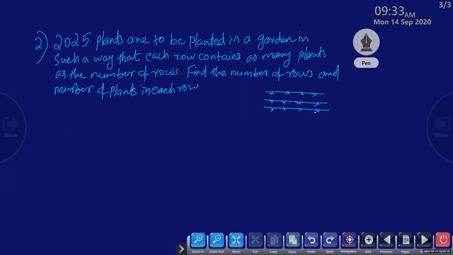How many rows are there, that many plants should be in each row. See, 4 rows and 4 plants in each row. We don't know whether it is 4 or not, I am giving an example.